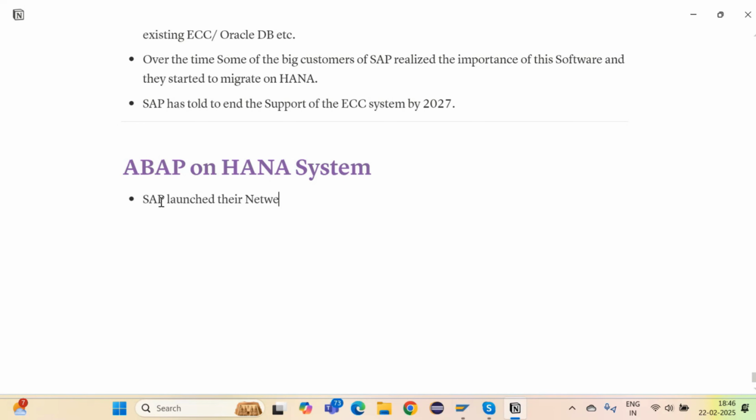NetWeaver 7.4 version, which has the support for direct connectivity of the ABAP system with the HANA database.